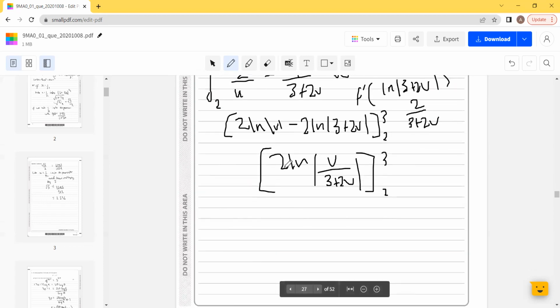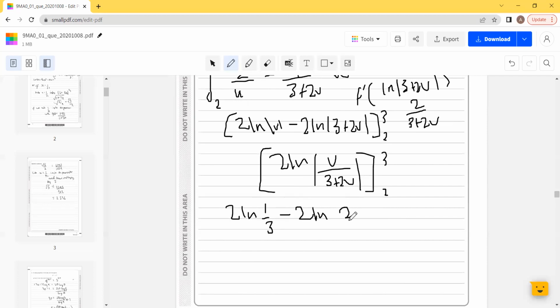So now, if I substitute in 3 and 2, then I would get 2 ln 3 over 3 plus 2 times 3, so that's 1/3, minus 2 ln 2 over 3 plus 2u, where u is 2, is 2/7.